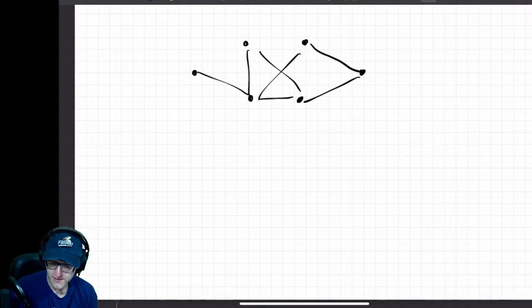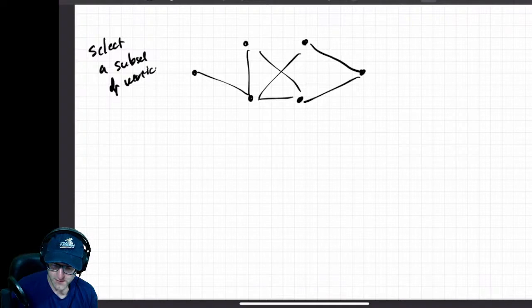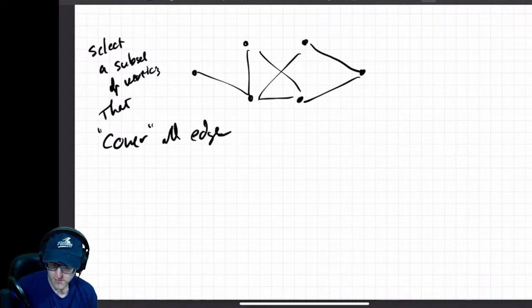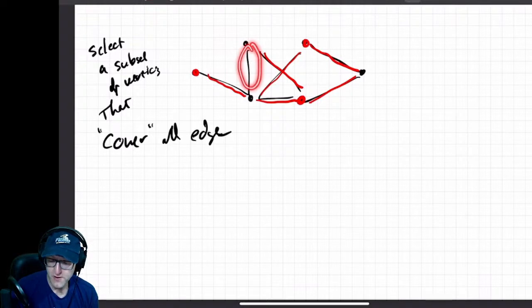In other words, I'm selecting a subset of vertices that cover all edges. So for example, I could select this vertex and then this vertex and then this vertex. What edges have I covered? Well, all the edges that come out of those vertices, and this one and that one. But I have left this edge here uncovered.